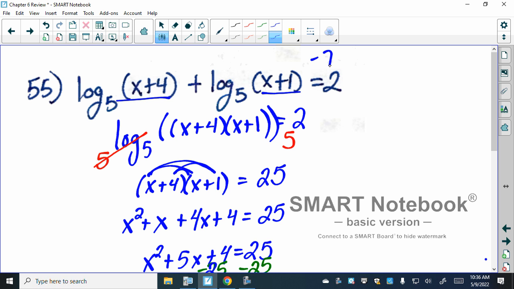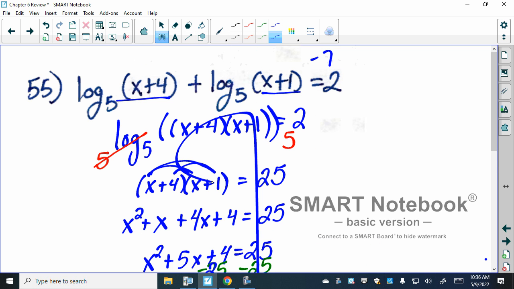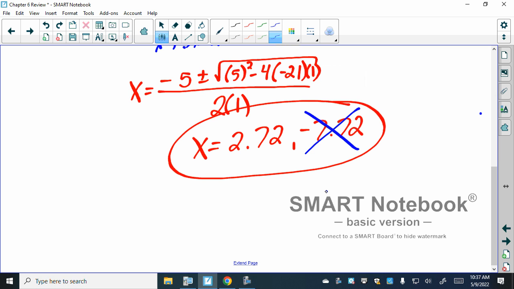Well, negative 7 plus 1 is negative 6. Negative 7 plus 4 is still, well, negative 3. They're both negatives, so the negative doesn't work. But the positive 2.72, in both of those places will still work. It'll still be positive, so this is the correct answer. Questions on any of these here?